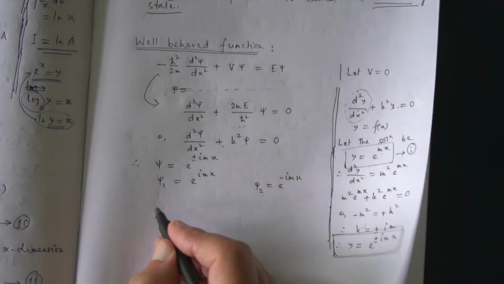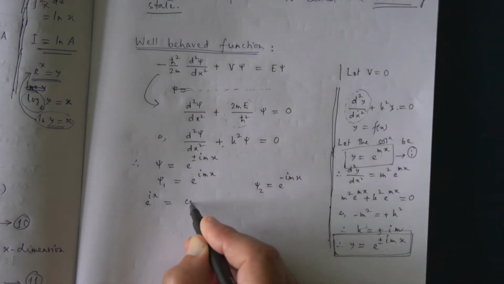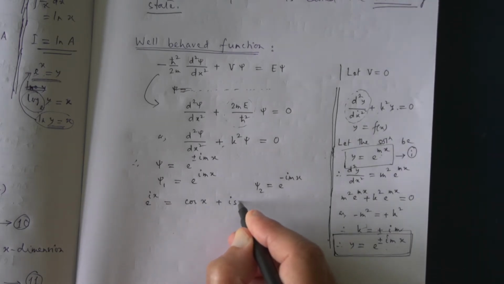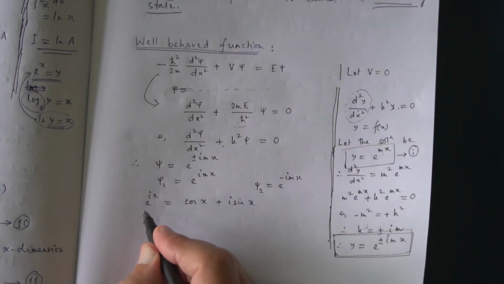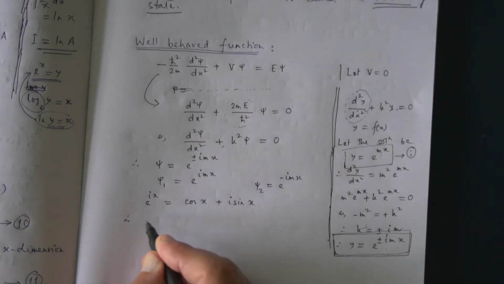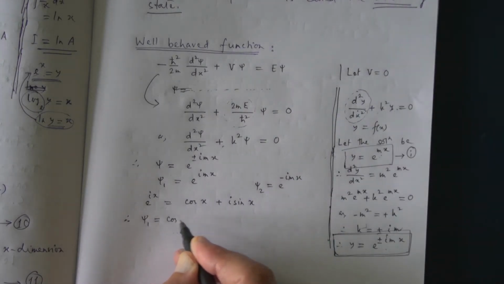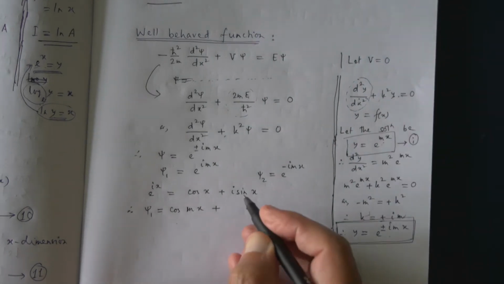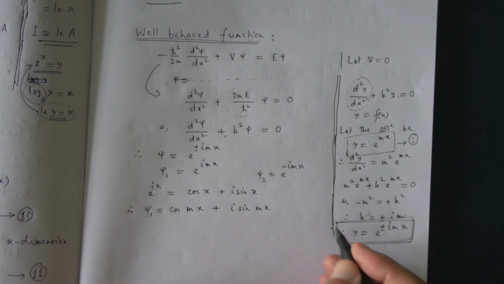Now we know e to the power i x equal to cos x plus i sin x. Therefore psi 1 will be equal to cos mx plus i sin mx.